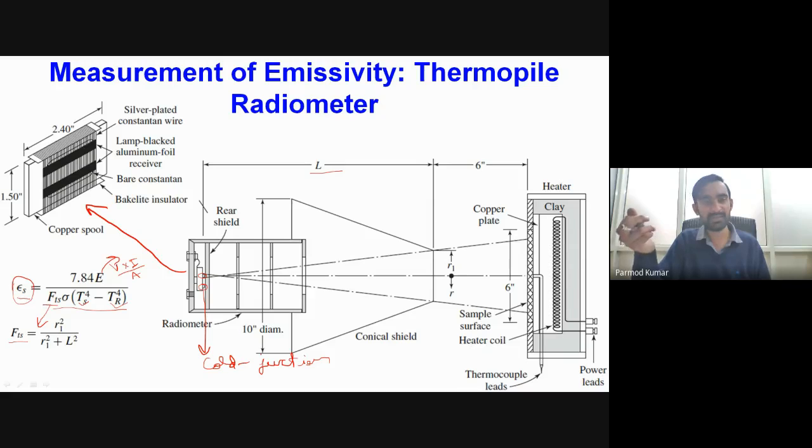If we know the emissivity, then we use that equation for determining the value of radiative flux by knowing the values of the temperature. In case we do not know the emissivity, we make some indigenous arrangement with the help of which we can determine the value of the radiative flux. Once we know the radiative flux, then by knowing the value of temperature, we back-calculate the value of the emissivity.